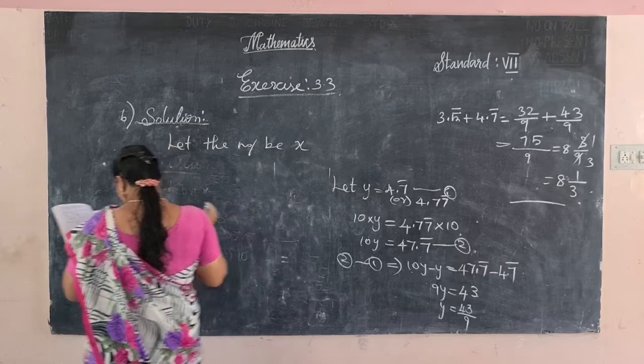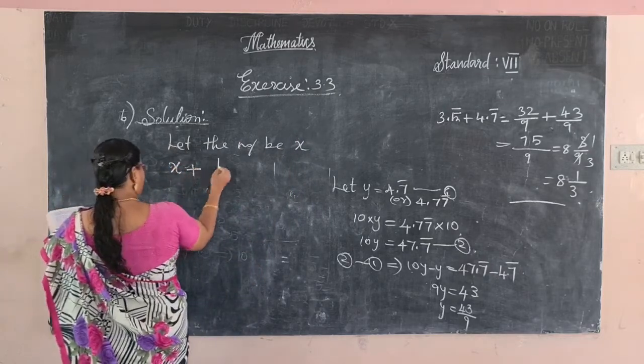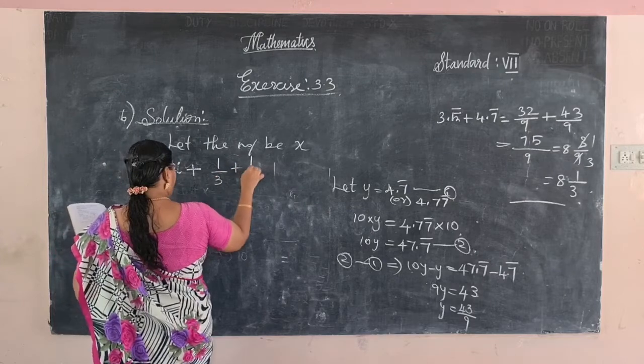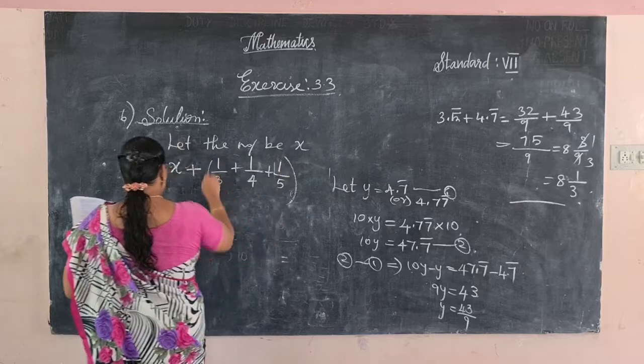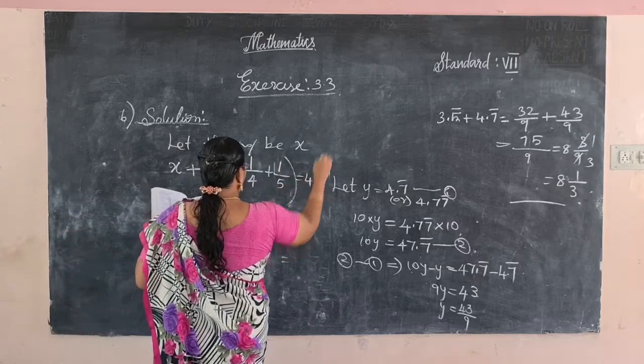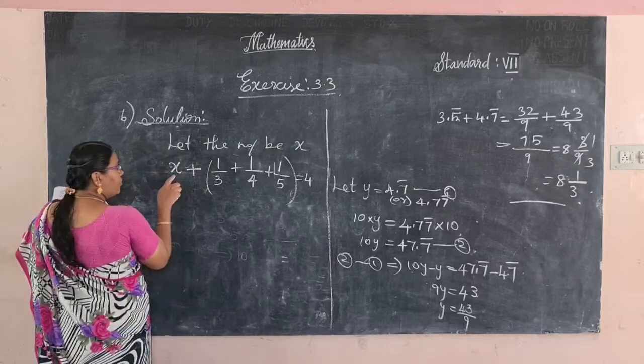So x added to 1 by 3 plus 1 by 4 plus 1 by 5 is equal to 4, which is given.